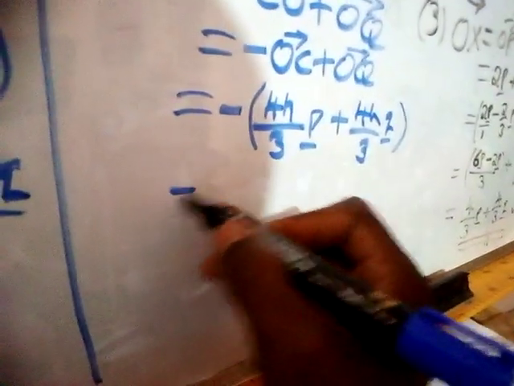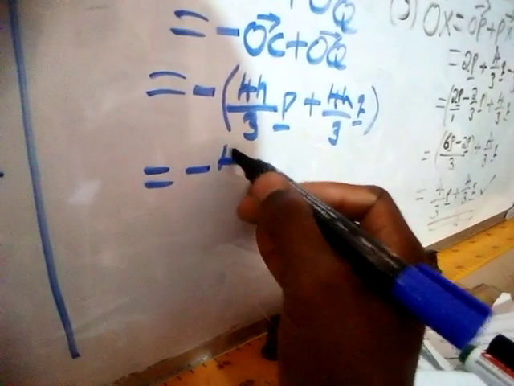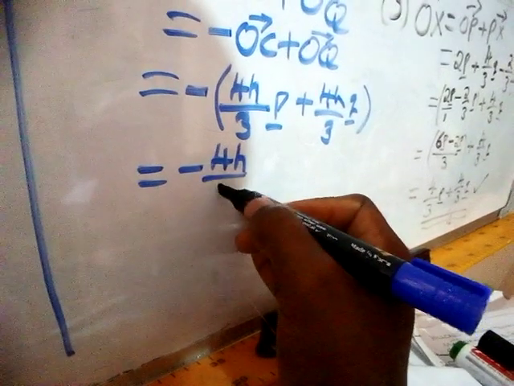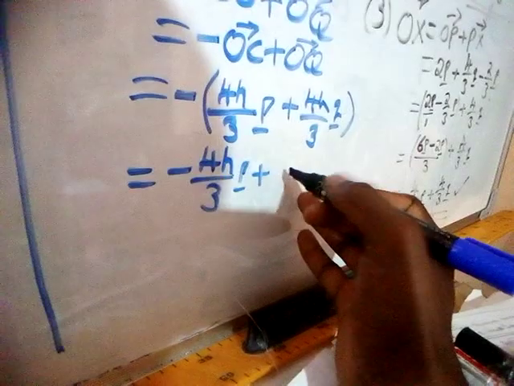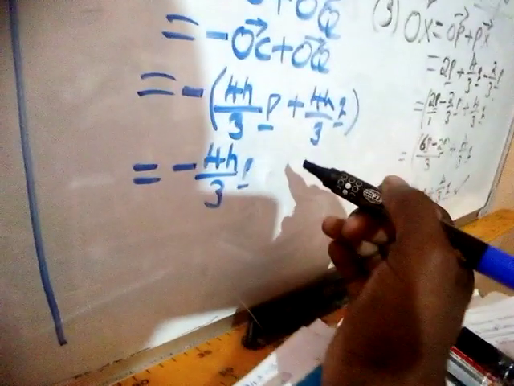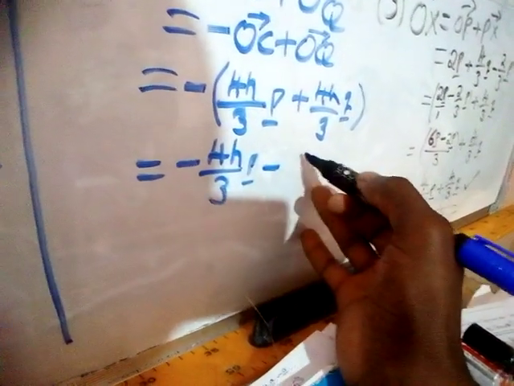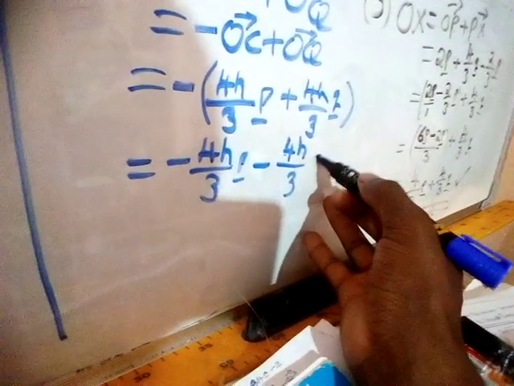From here, we simplify. Negative times that, we're going to have minus 4h over 3 vector P, and negative times positive is negative, so negative 4h over 3 vector Q.